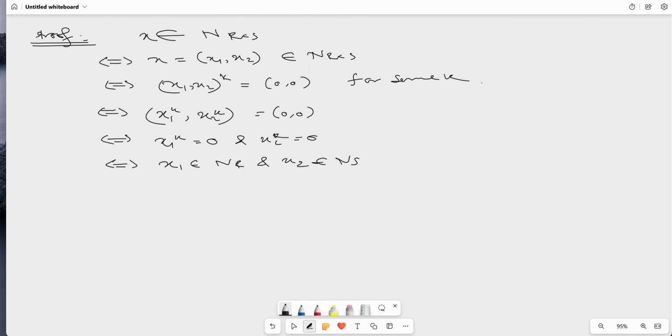Okay, so here I cannot use the if and only if condition. You have to use that x is (x1, x2) inside N of R cross N of S. You cannot use this inequality here, right?